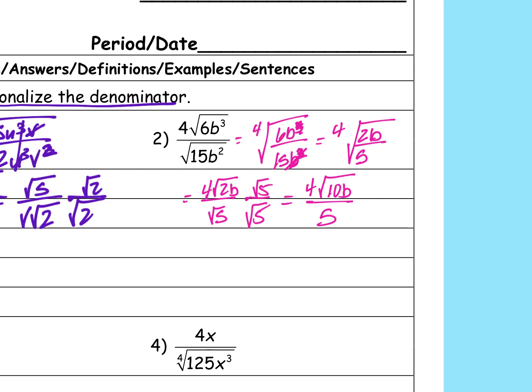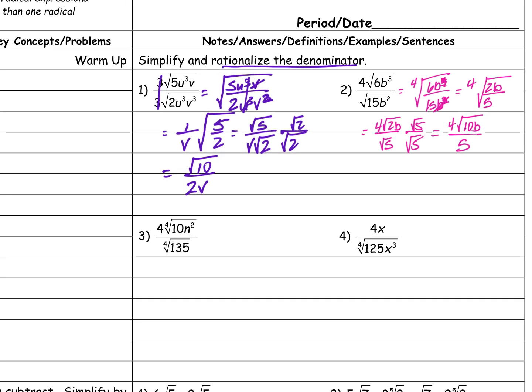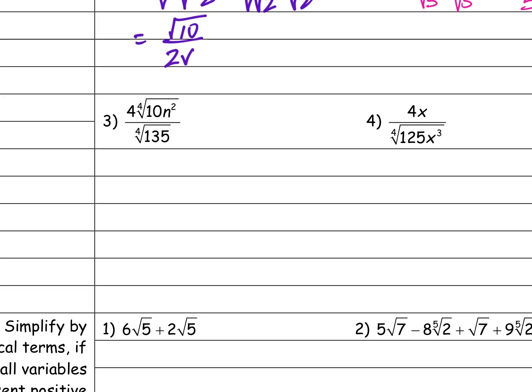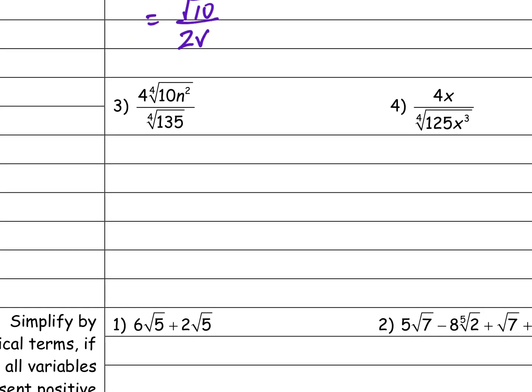Okay, so number 3, oh great, it's a 4th root. Okay, so I have the 4th root of 10n squared over 135, which I can simplify to 4 times the 4th root of 5n squared over 27.